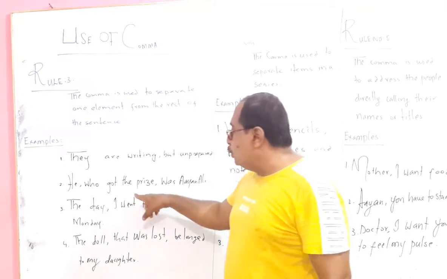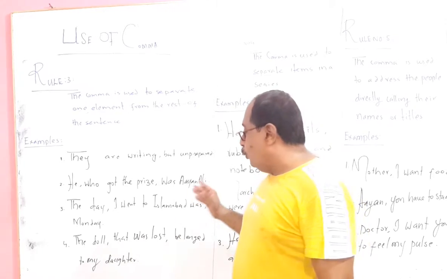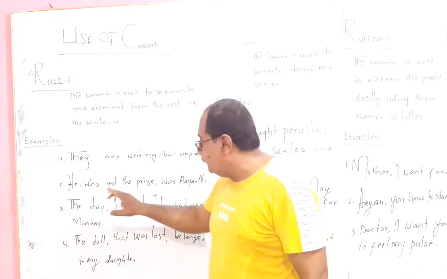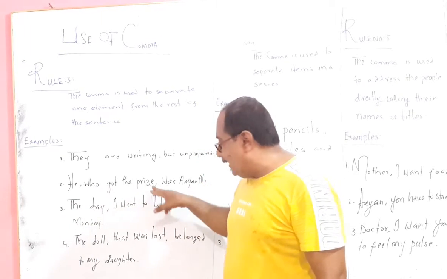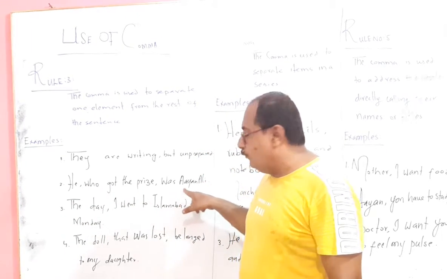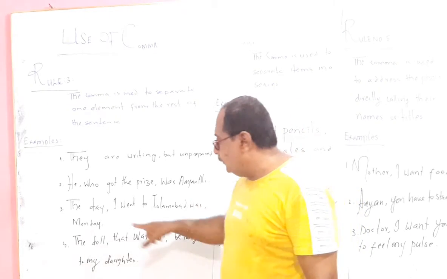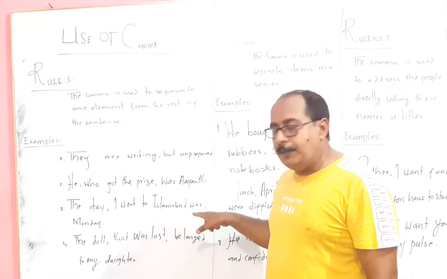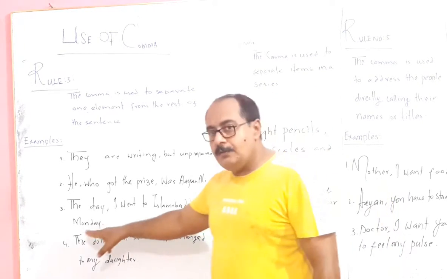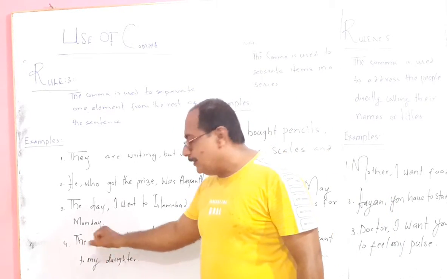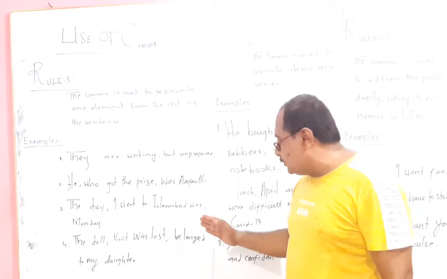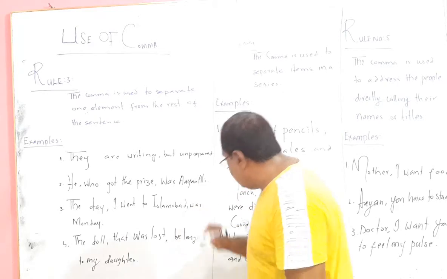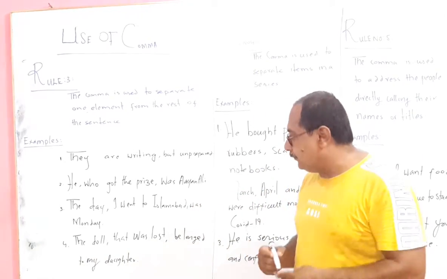He, who got the prize, was INLE. Again, he, comma, who got the prize, comma, was INLE. The day I went to Islamabad was Monday. Again, here it should be a comma after day and after Islamabad: the day, I went to Islamabad, was Monday.